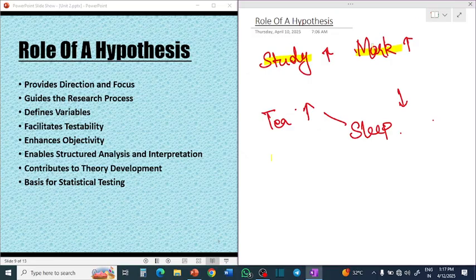In the first one, we have developed the theory that more a student studies, the more will be the marks. So this is called theory. In second one, we have developed a theory that a person who drinks more tea has less amount of sleep. So these are called theory development, and these are the basis of our statistical testing.